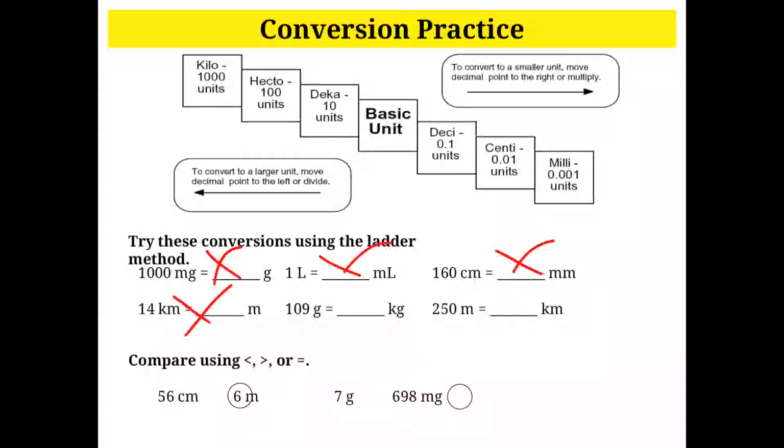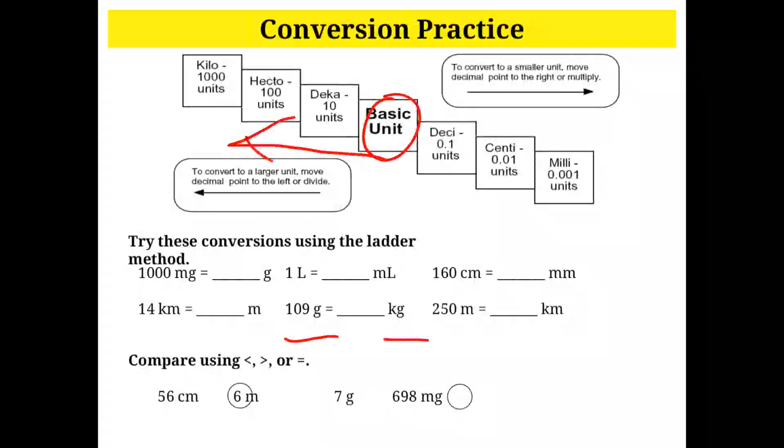And the last one, I won't belabor the point, in this one we're going from grams to kilograms. So we're moving from here that way to kilograms. A gram is about the weight of a paperclip, so we're figuring out how many kilograms, just to give you an idea. Now we're going from there to there.